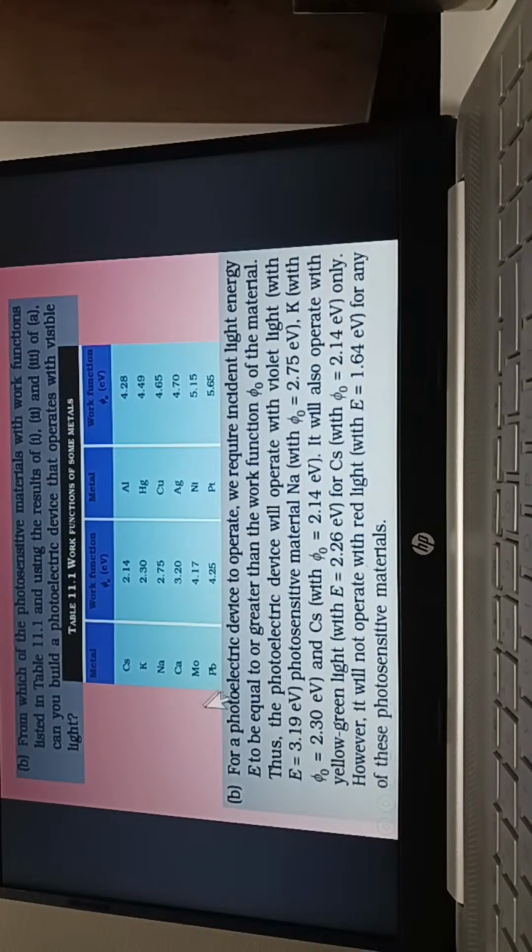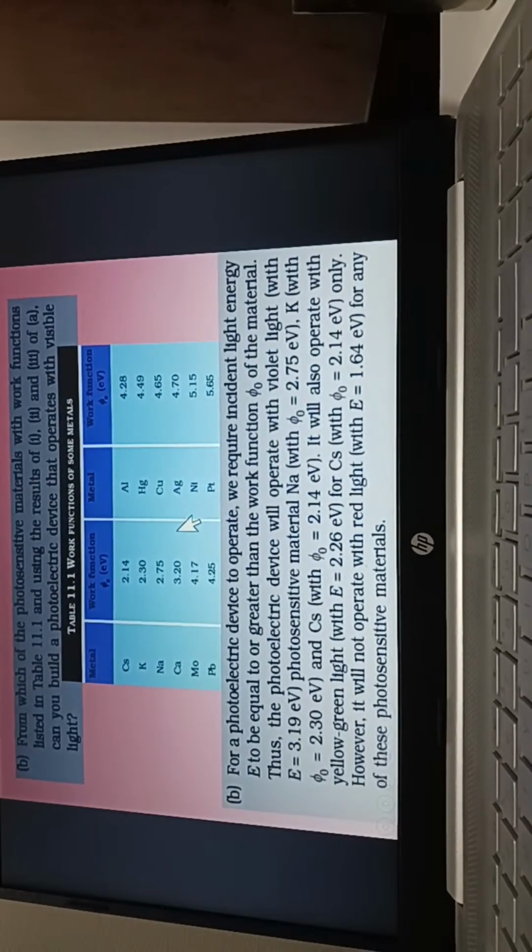But see calcium. Calcium has your work function. Work function, in the sense in your chemistry, you will say ionization energy. Ionization energy means the energy required to remove the electron from the outermost shell of the atom. Am I right? My definitions are weak in chemistry.